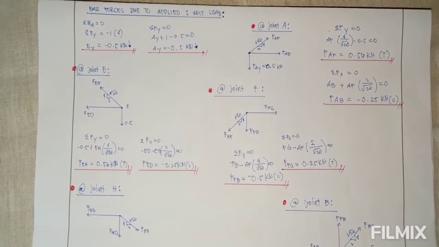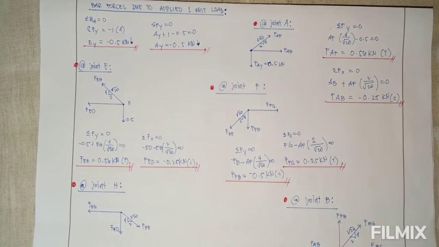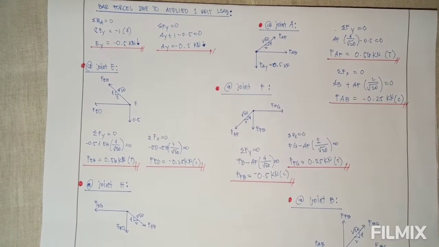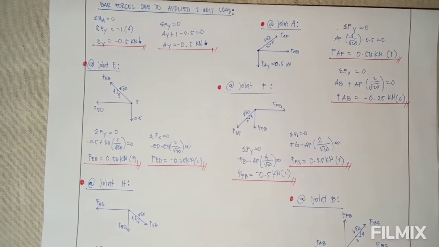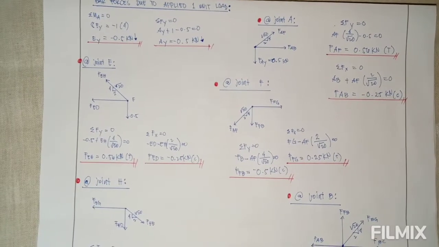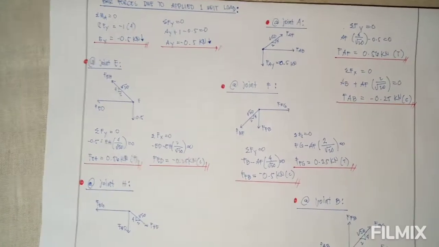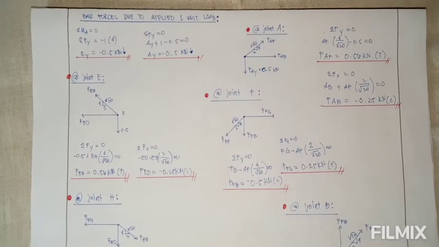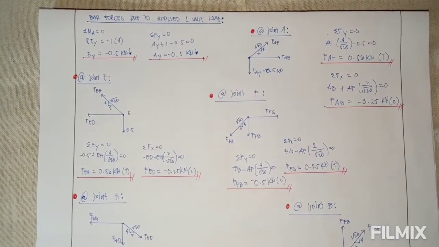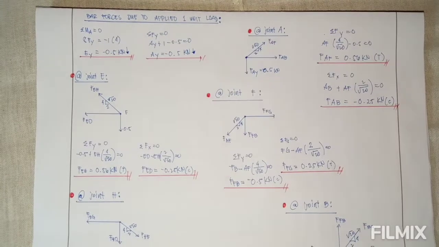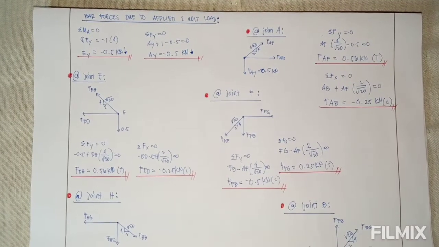By the joint method, we obtain the value of each member of the truss, again compression if negative and tension or tensile force if positive. So here is our solution for the bar forces due to the applied 1 unit load.